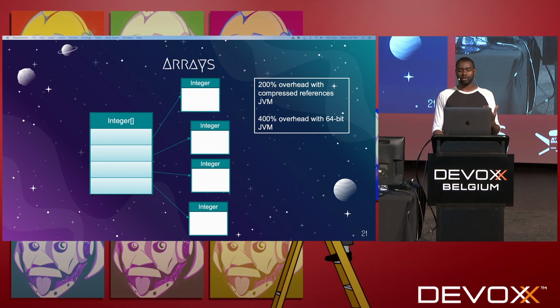For every integer you have one reference, so one word-sized value, and you have a header. So this means that for every byte of data, you have 2 bytes of overhead. If you were using a 64-bit JVM, it would be for every byte of data, you have 4 bytes of overhead. So as you can see, there's a big cost to having indirections.